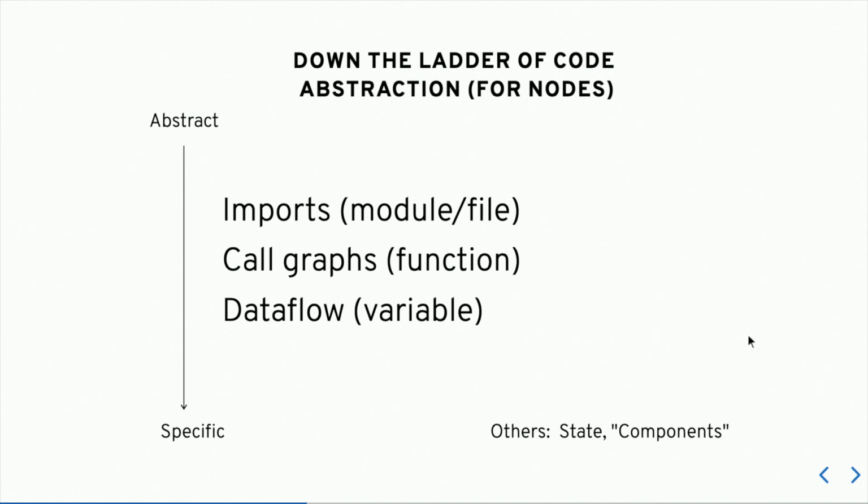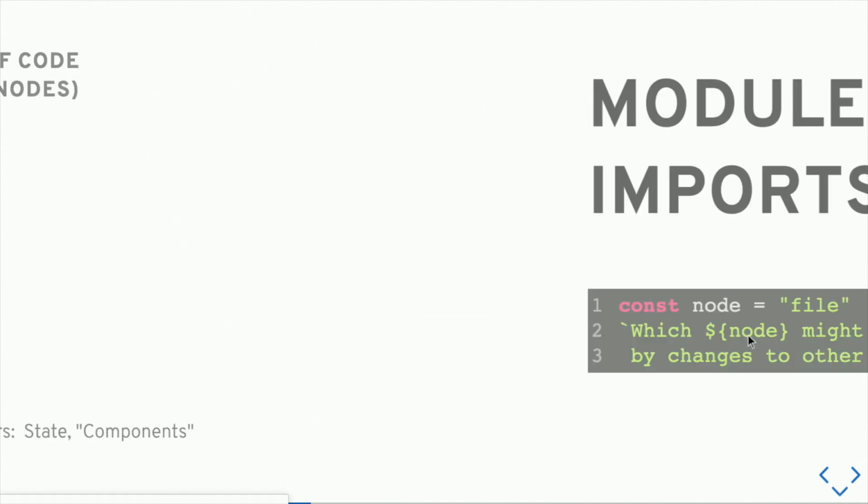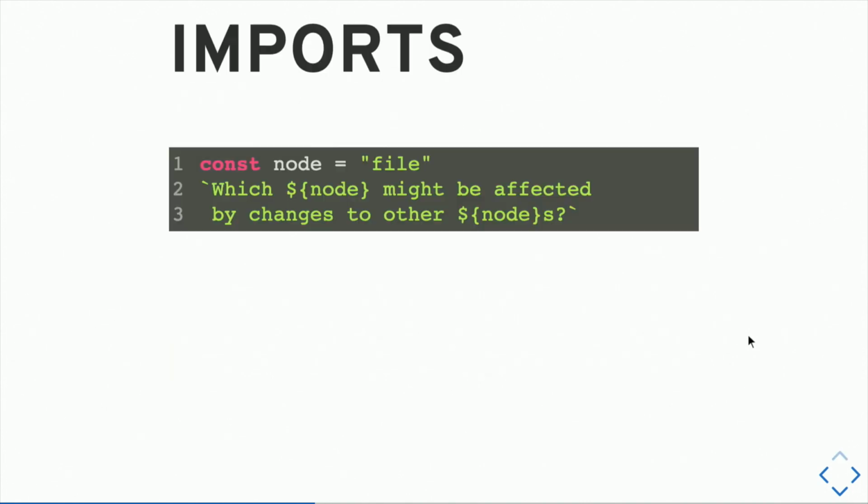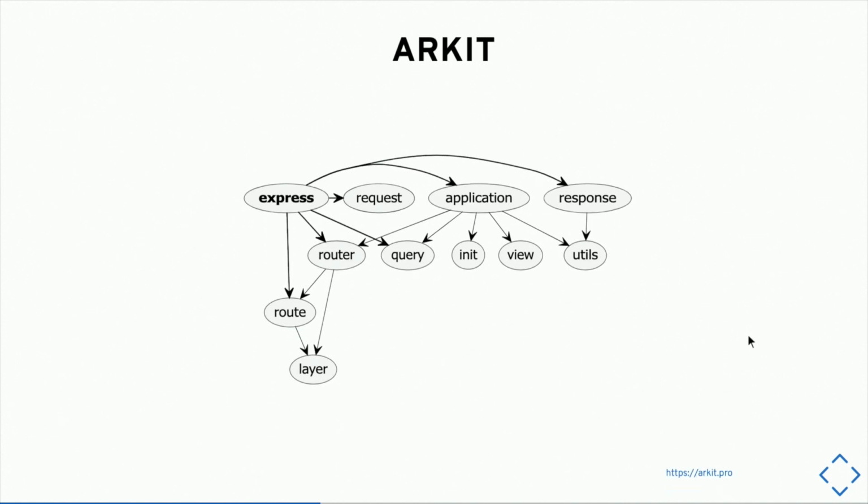So to guide our tour, I've made a ladder of abstraction which we're going to descend, and there's a small detour for state because it doesn't fit well. So the first of these categories is to use files as our nodes. At each stage of the ladder, the question is basically the same: if I change one node, which other ones will be affected? The first is ARKit.